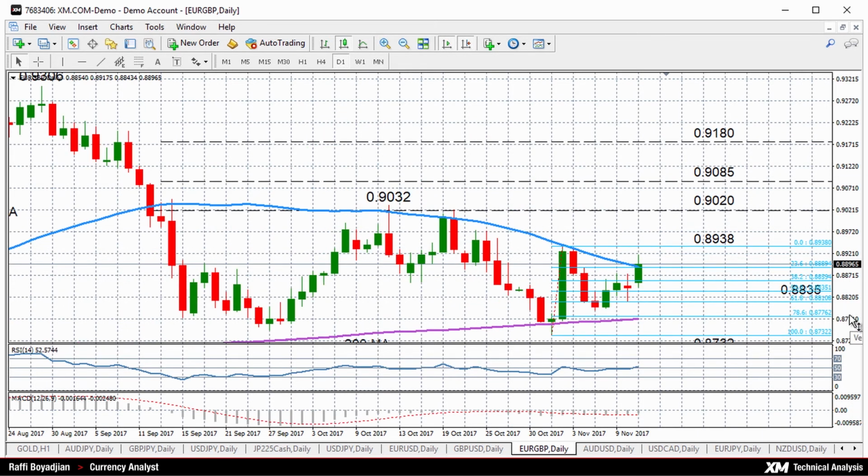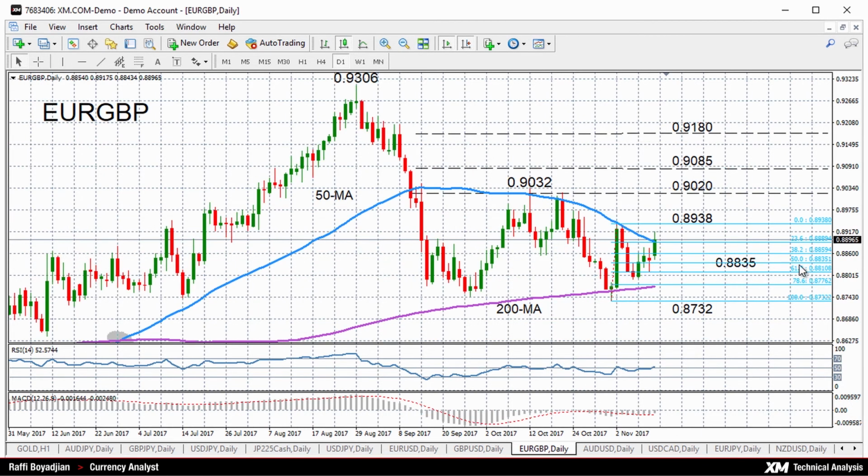Looking at the more near-term picture, though, we could see immediate support coming at 0.8835. That's the 50% Fibonacci retracement of the up leg from 0.8730 to 0.8938. Below that, we have the 200-day moving average at around 0.8775.